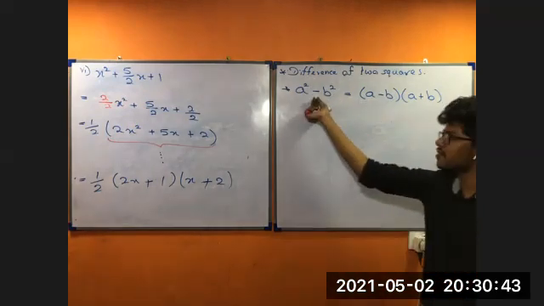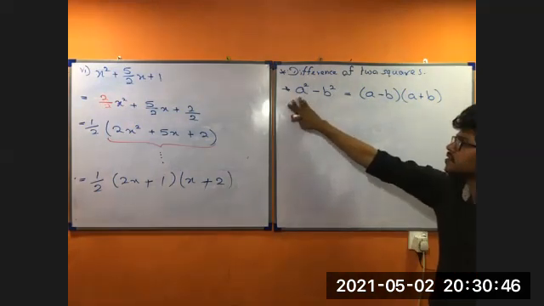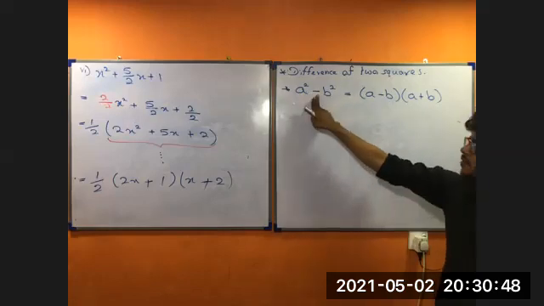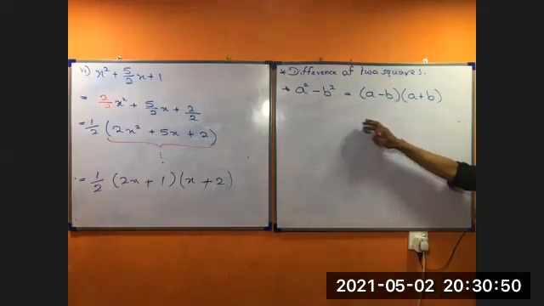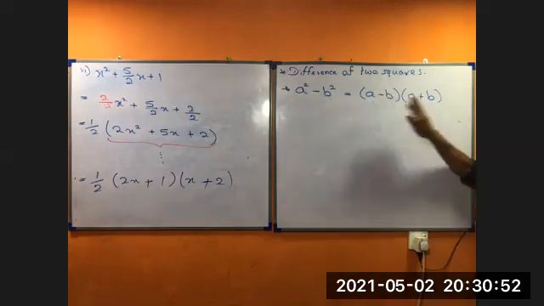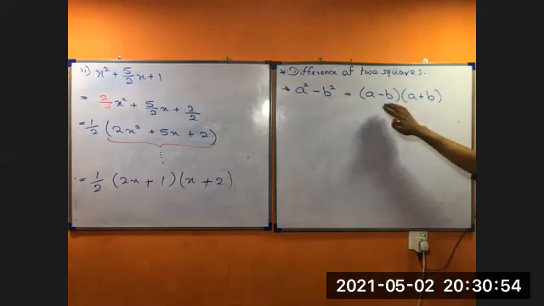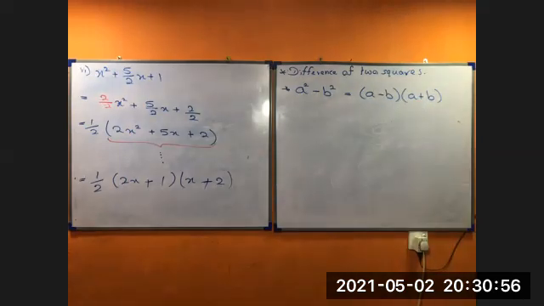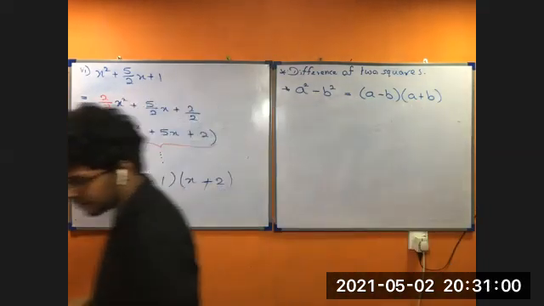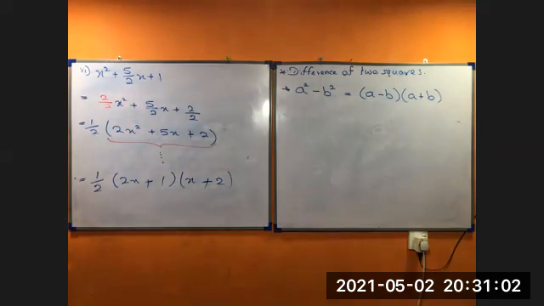I mean, the middle term is missing, right? At first we have a square term, at last we have a square term, in between something is missing. But still, if you have a difference of two squares, anytime, wherever you see, you can just write A minus B, A plus B. So finding the factors of the difference of two squares is simple as that.